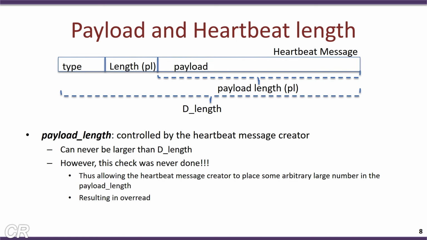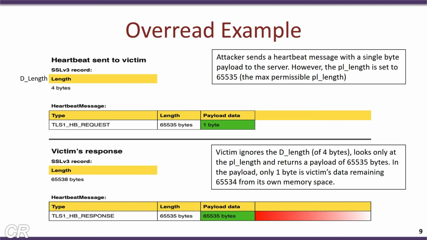So let us look at the Heartbleed attack with an example. So we have a client system over here which has created a malicious heartbeat message. So the heartbeat message would look something like this. The first is a type which is of 1 byte, which specifies the TLS HP request.